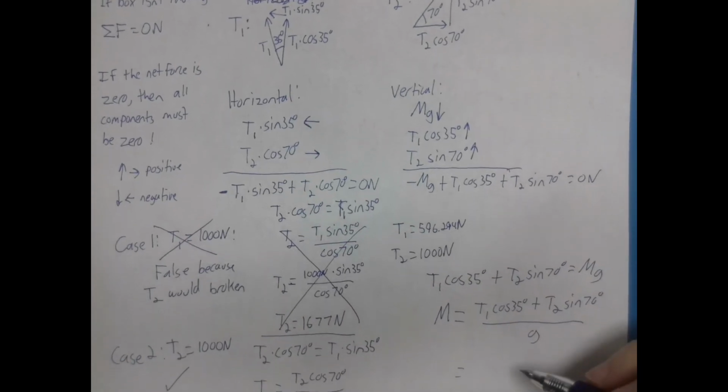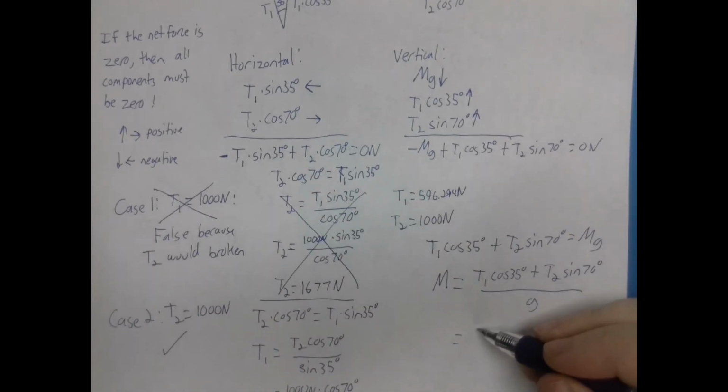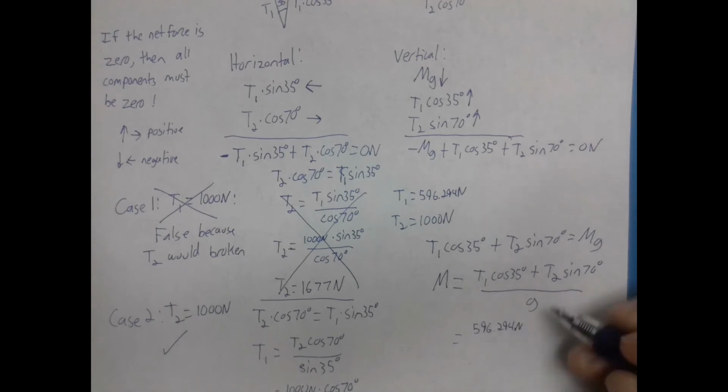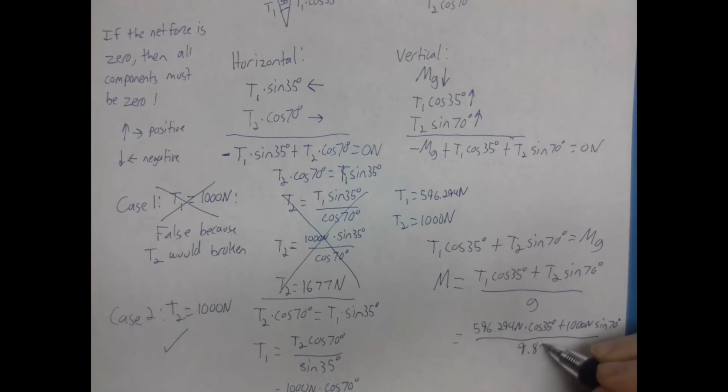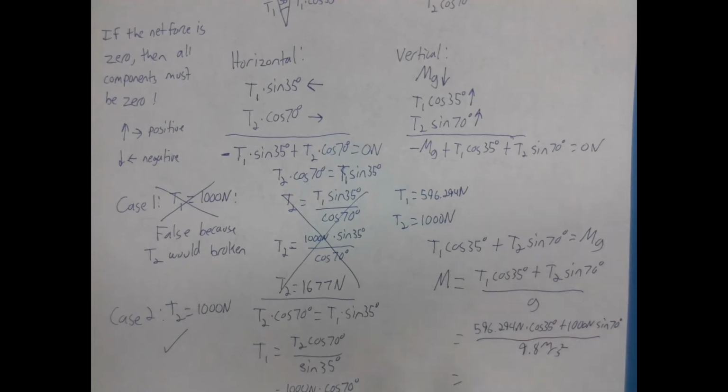And we can plug our numbers into it. T1 is equal to 596.294 newtons times cosine of 35 degrees plus 1,000 newtons times sine of 70 degrees, all divided by 9.8 meters per second squared.